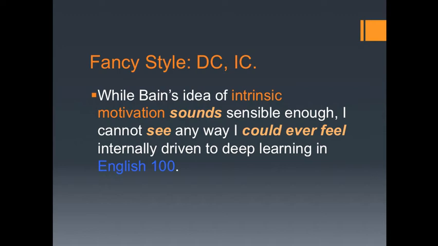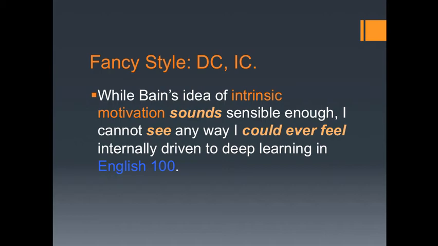Bain's idea of intrinsic motivation is the subject, sounds is the verb, and that can frame and create a logical relationship for your broader sentence. So this sentence begins with the subordinating clause being about intrinsic motivation, and then the main clause is about your experience and how it connects to Bain.